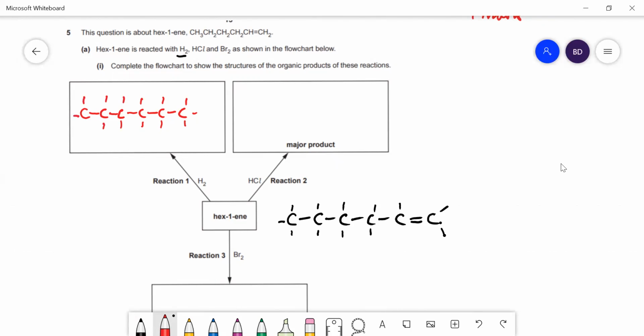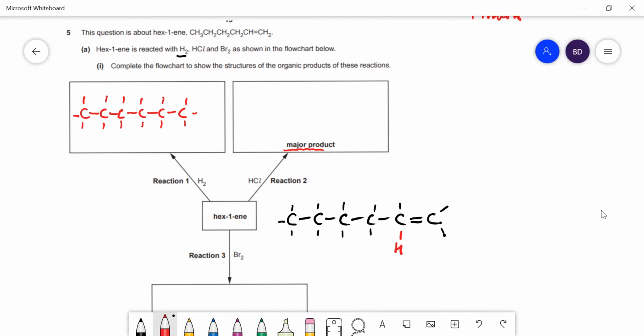That's pretty straightforward. The next question, this one is a bit hard. We've got to draw the major product, okay, when you react it with HCl. So when you react it with HCl, the hydrogen, first of all, could stick onto that carbon. Okay, now I'm going to draw this out a little bit.